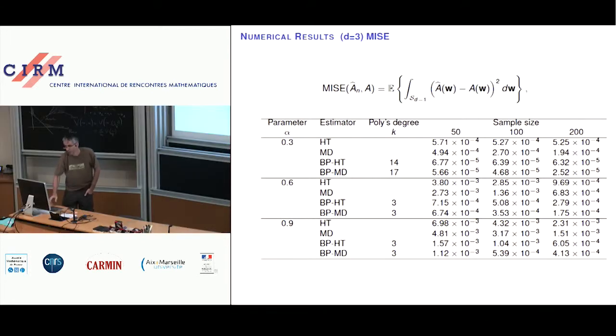Also, you can ask, is it a big deal to do the projection? I mean, theoretically, we would like to have something that obeys the constraint, but is it going to improve anything?